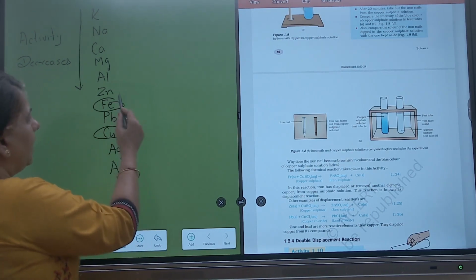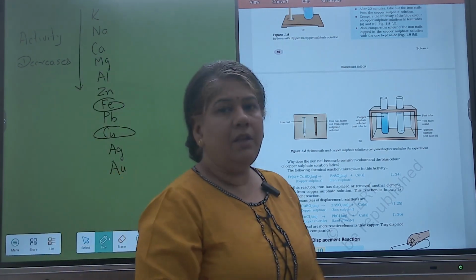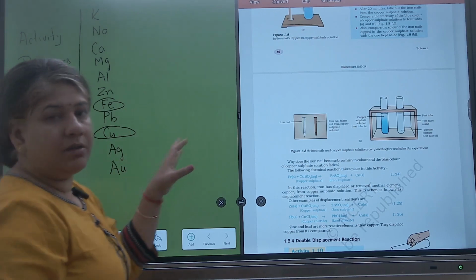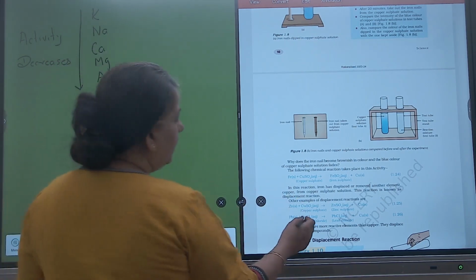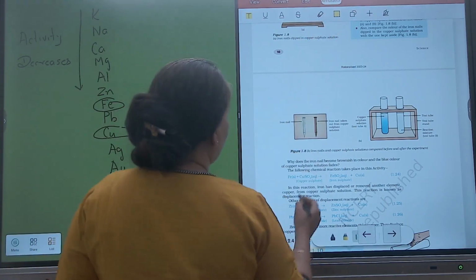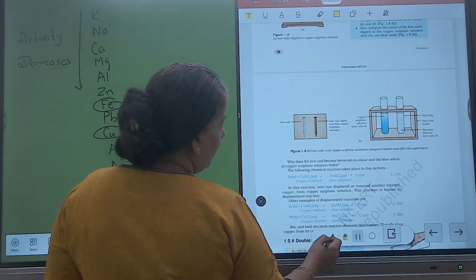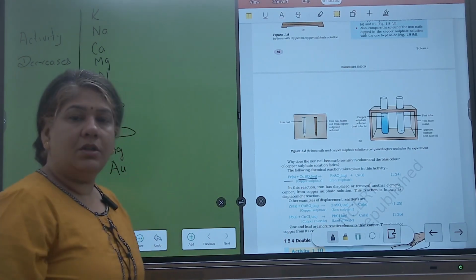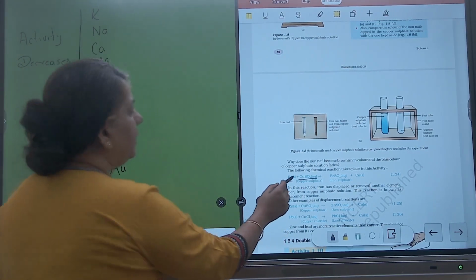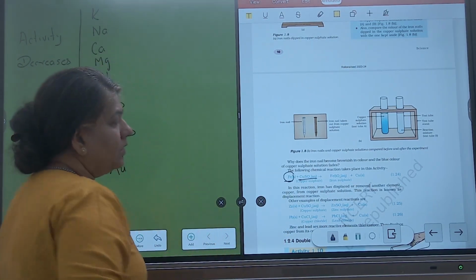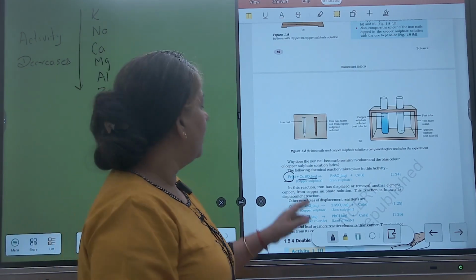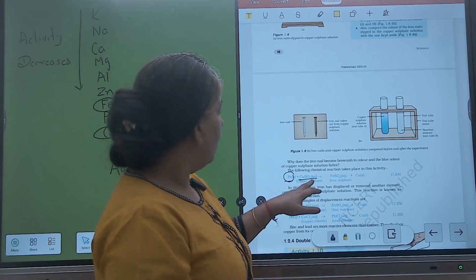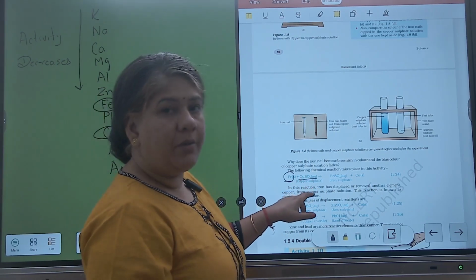Iron is above copper in the activity series, hence it will replace copper ions from its solution. So iron will replace copper from its salt solution, because iron is above copper and will replace the metal which is lower in the activity series from its salt solution.